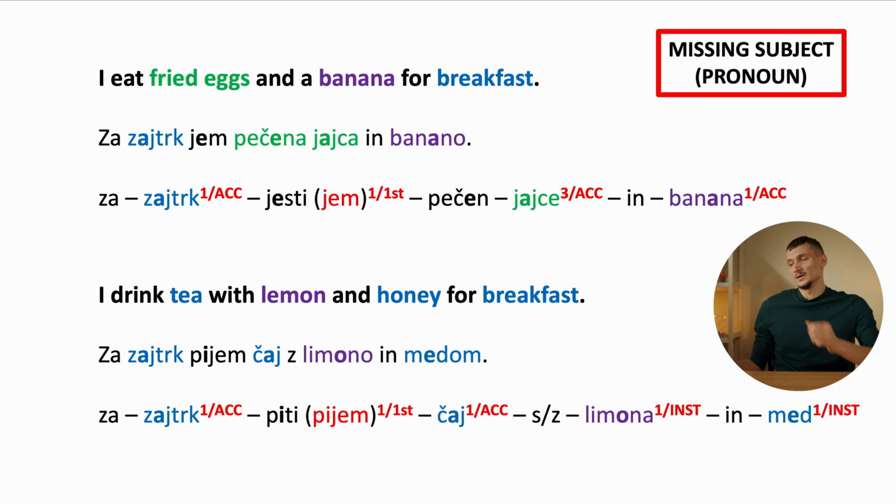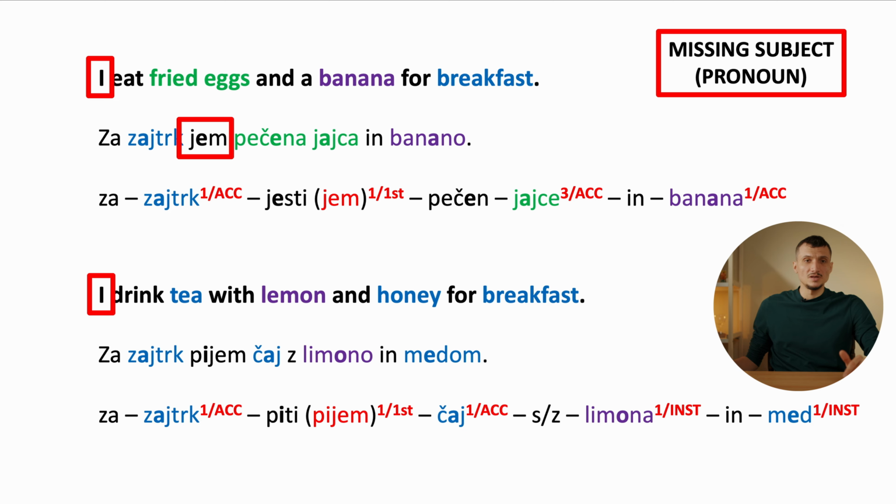Then we said that the subject or pronoun, and in this case it's a pronoun, will often be missing from the Slovenian sentence, and we just have to know it's there by other clues. So there's the word I in the English sentence, which would be jaz, J-A-Z, in Slovenian, but jaz is nowhere to be found in the Slovenian sentence. That's because it is included in the verb.